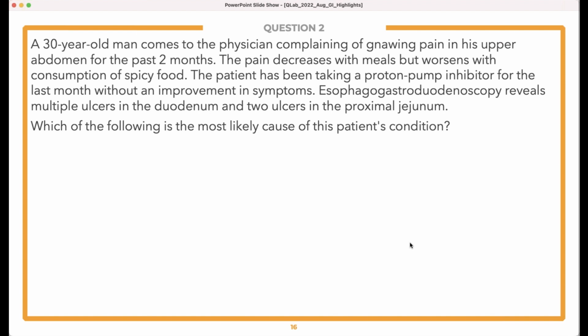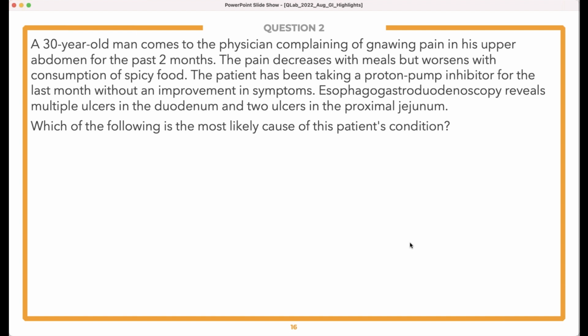A 30-year-old man comes to the physician complaining of gnawing pain in his upper abdomen for the past 2 months. The pain decreases with meals, but worsens with consumption of spicy food. The patient has been taking a proton pump inhibitor for the last month without an improvement in symptoms.